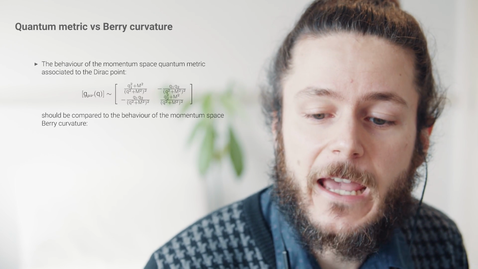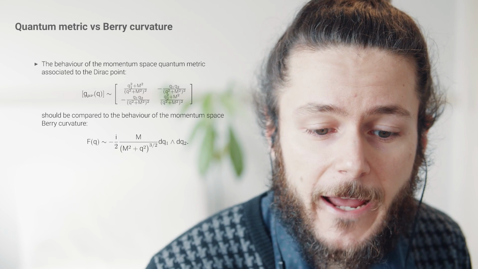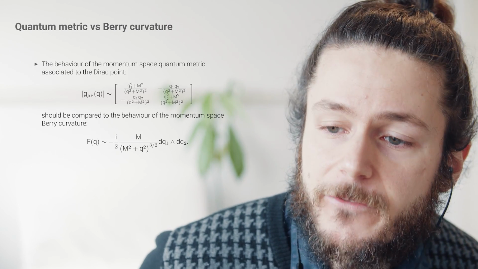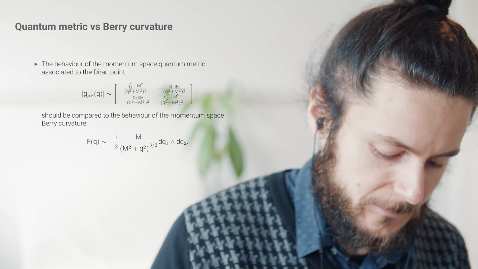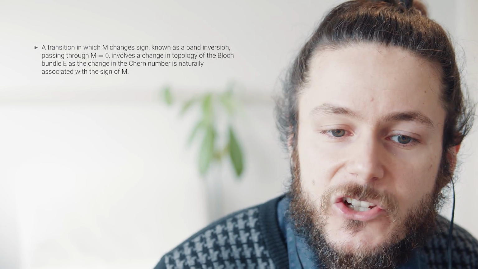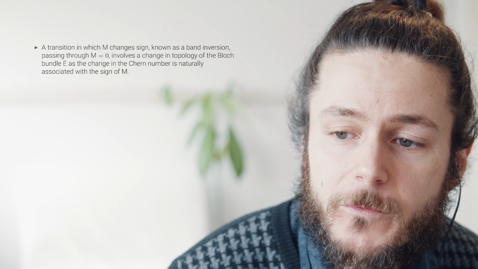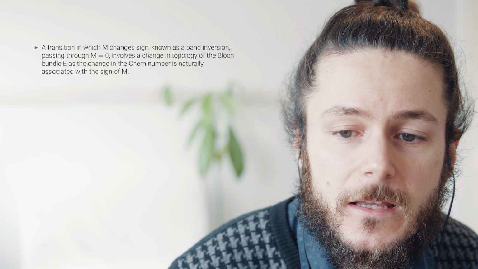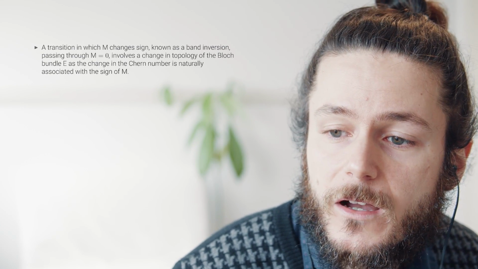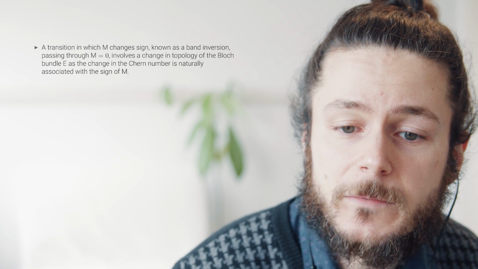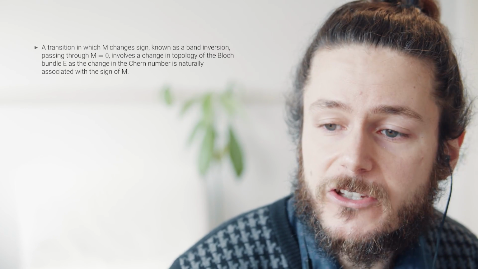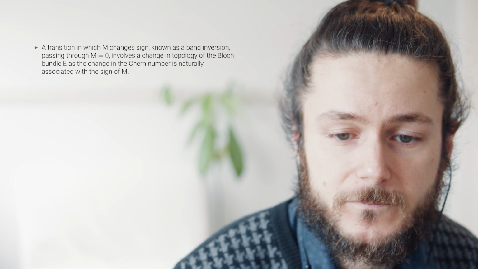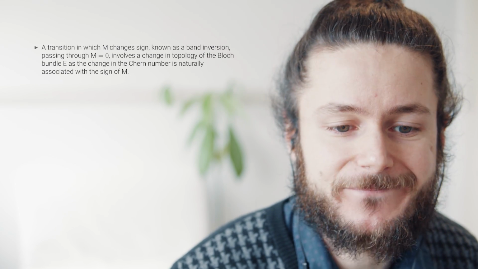This should be compared to the behavior of the momentum space Berry curvature, F, which has this behavior. There is a striking feature that you observe. Let me talk about it. A transition in which m changes sign, m goes from minus m to m, is known as a band inversion. It involves a change in the topology of the occupied bundle E, the Bloch bundle, because the change of the Chern number is naturally associated with the change of the sign of the mass, m.